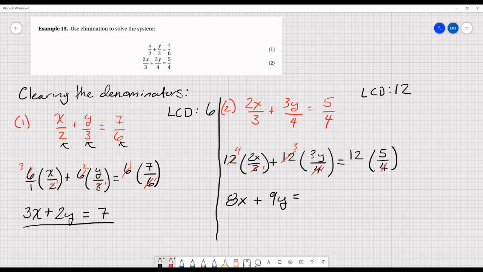Last thing here, 4 divides 12, again that's 3. I get 15. So I have now a new equivalent system with no fractions. I'll call this equation 3, and I'll call this guy equation 4. I will solve the system using equations 3 and 4.